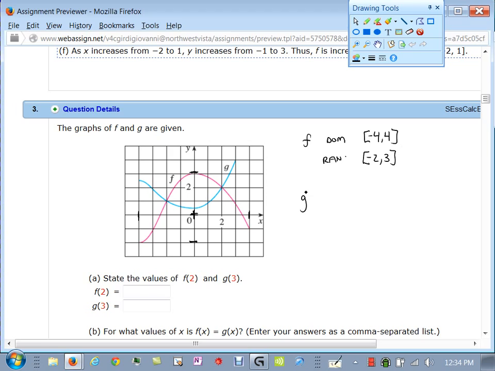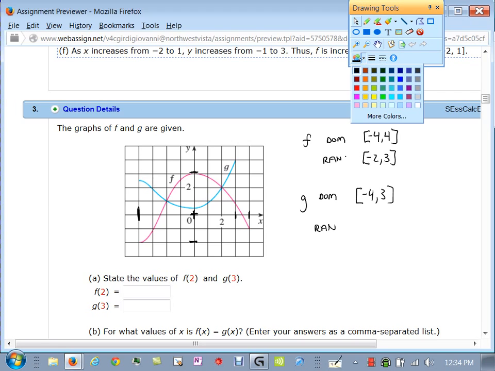For g, looks like g starts out in the same place here. That was -4, but g stops at 1, 2. It looks like it stops at 3 up there, right? So for g, the domain was -4 to 3, and the range for g, well, this one's kind of tough. Looks like it's just right here.